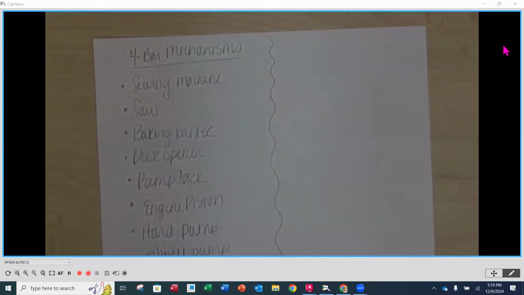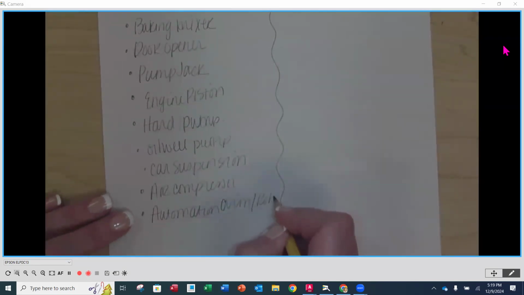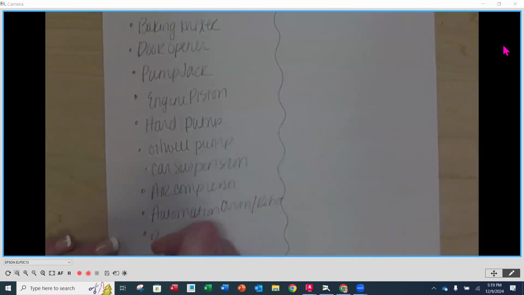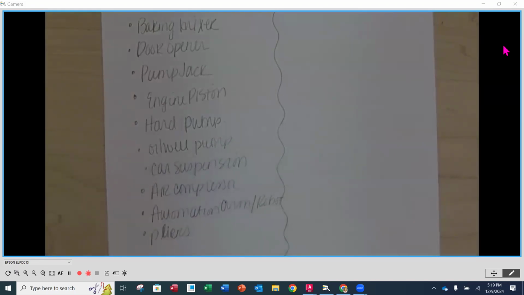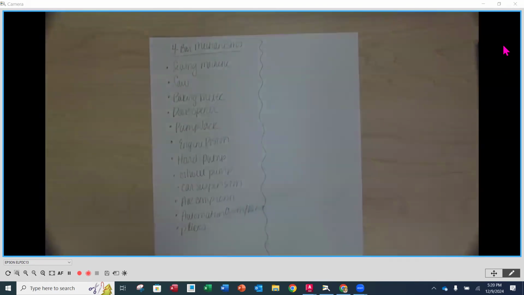So an automation arm. What do you want to call it? Automation arm robot thingy. I know what you're saying. Like you kind of repeatedly go through the motion. Yeah. Oh, pliers, absolutely. Hand tools are classic examples. Again, absolutely. Awesome.